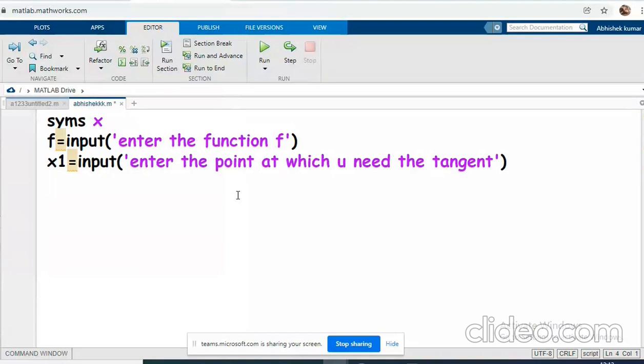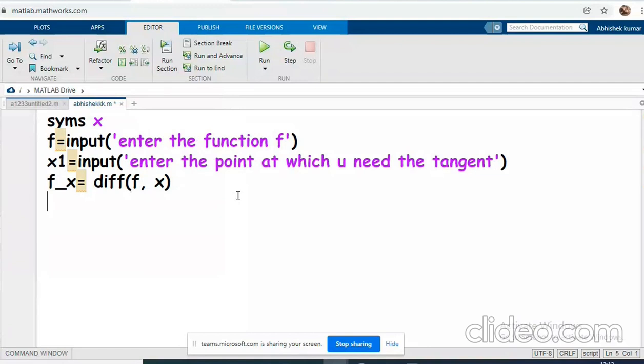Fine. Now for drawing the tangent we first need the slope of f at the given point. So we'll have the derivative first, fx equal to diff of f comma x. This will give the differentiation of f with respect to x.